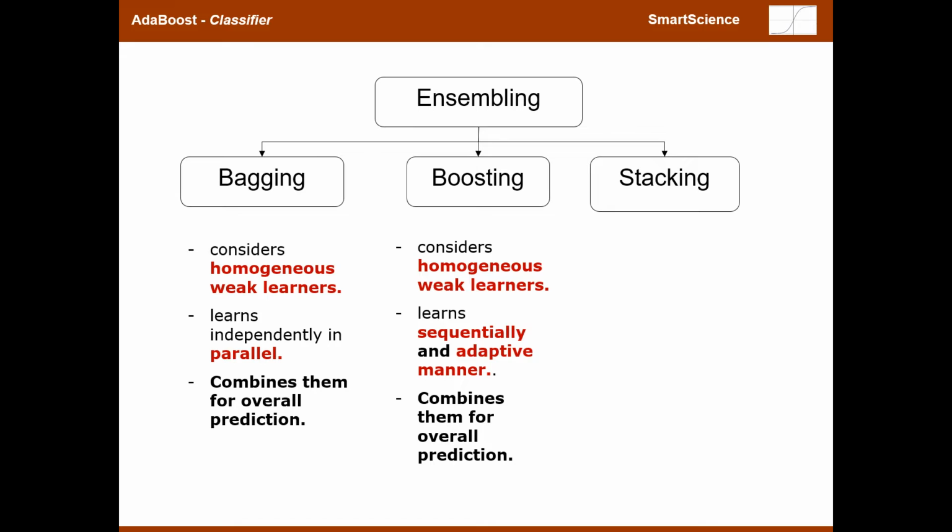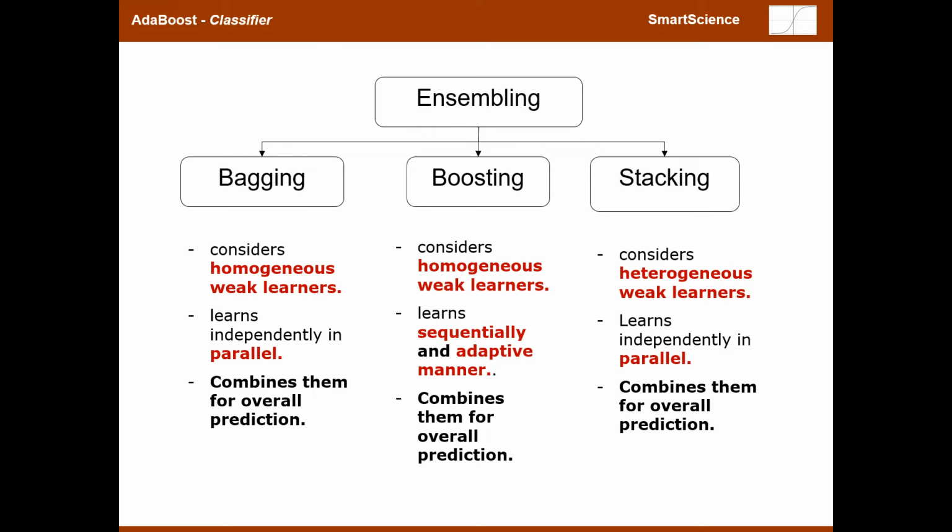That could be a weak learner like logistic regression or decision tree, etc. But the critical difference is that we will build these models one after another. So we'll build one model, look at the result, and make some modification in the data. Then we will build the next model, look at the result, make some modification in the data, so on and so forth. Ultimately, again, we'll combine the result of all these models to get an overall prediction.